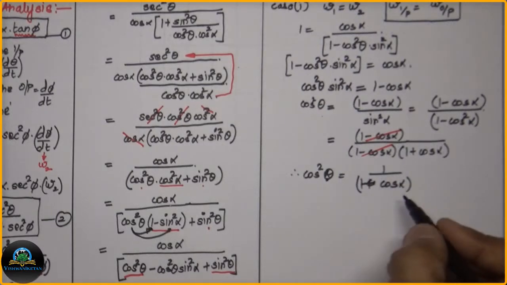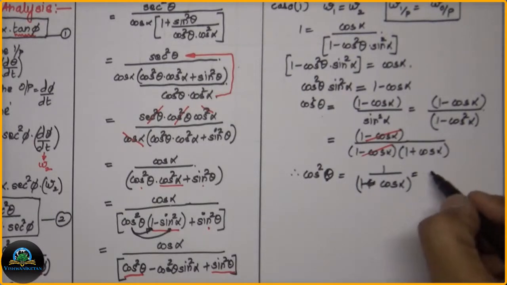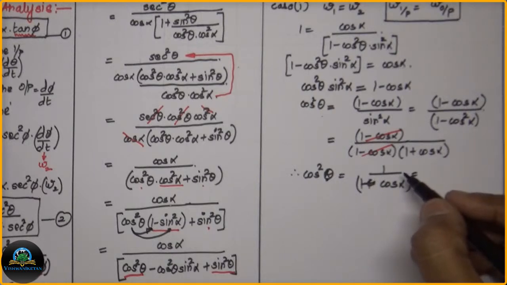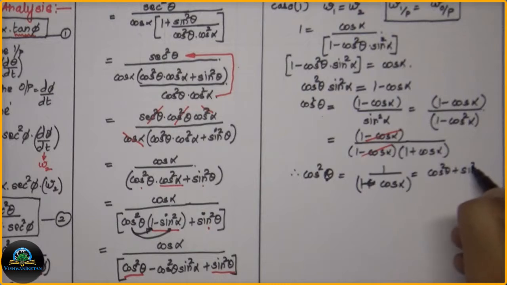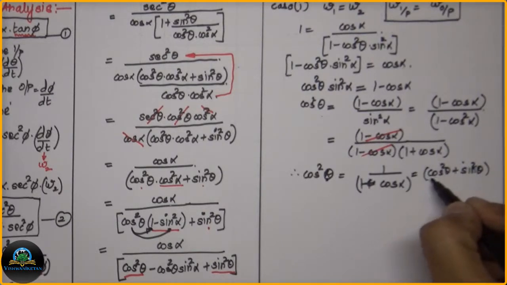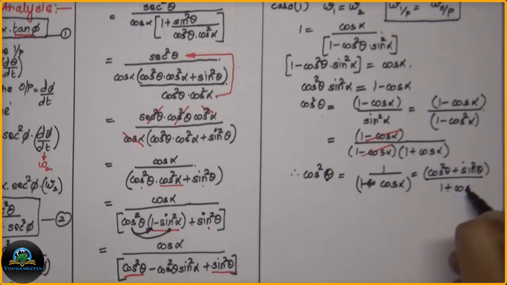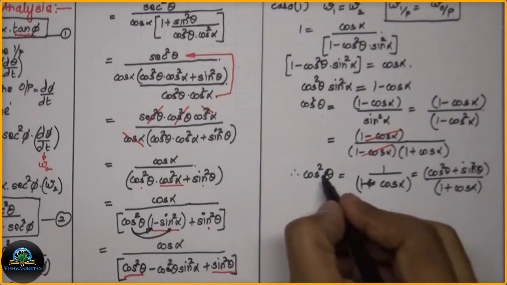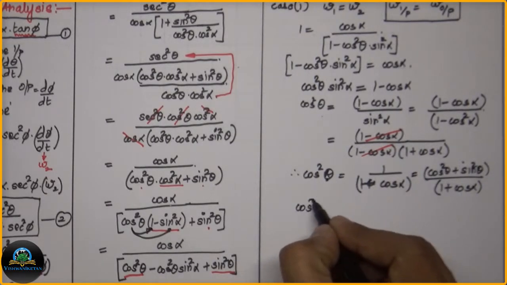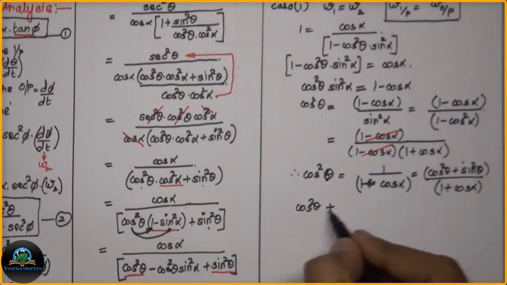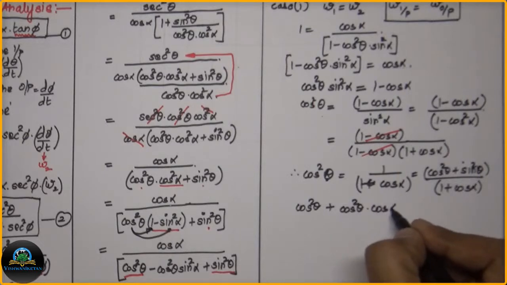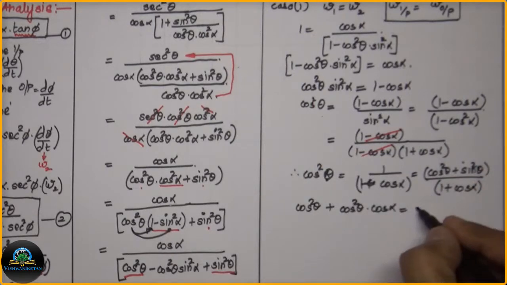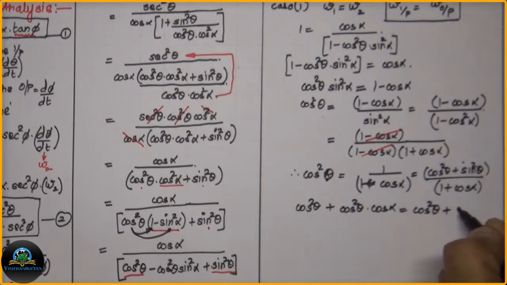Now, to make this equation a bit simpler, let's rewrite the numerator as cos square theta plus sine square theta, which is definitely 1, and let's keep the denominator of 1 plus cos alpha as it is. When you cross multiply, cos square theta into 1 will remain as cos square theta. Cos square theta into cos alpha would remain thus. This is the product. And the right hand side is cos square theta plus sin square theta.